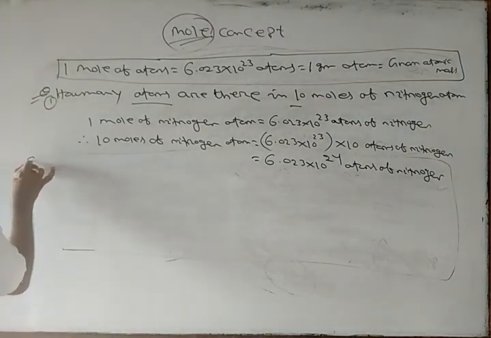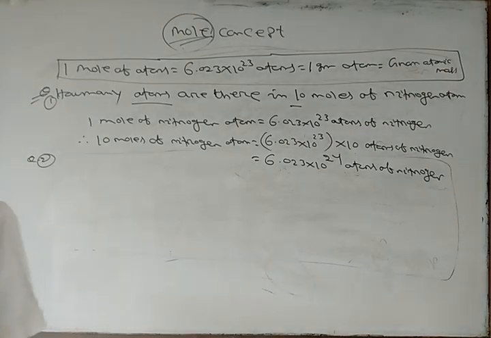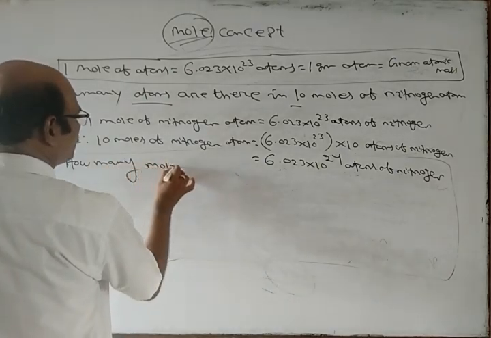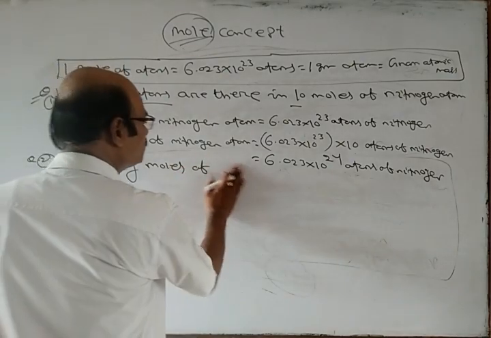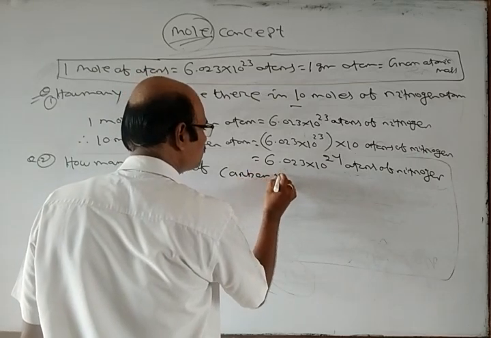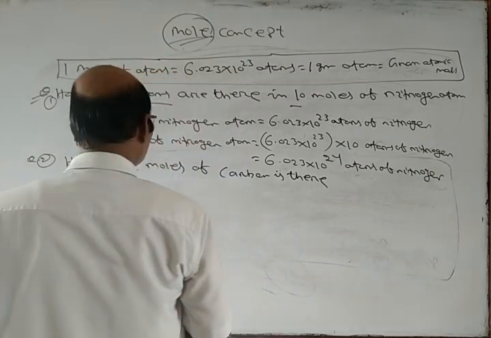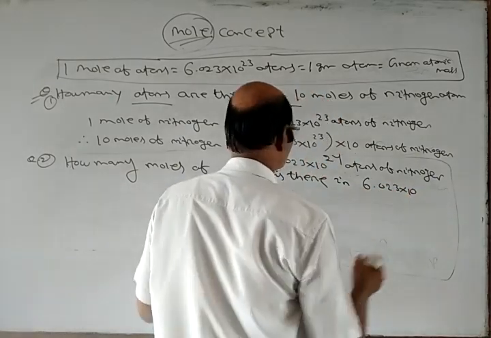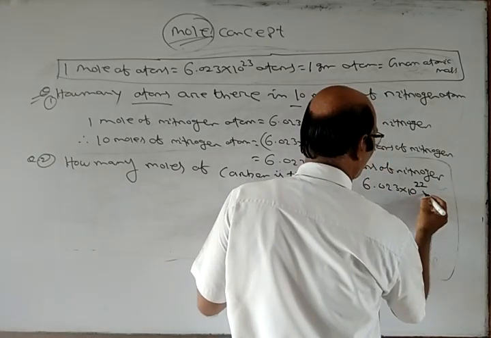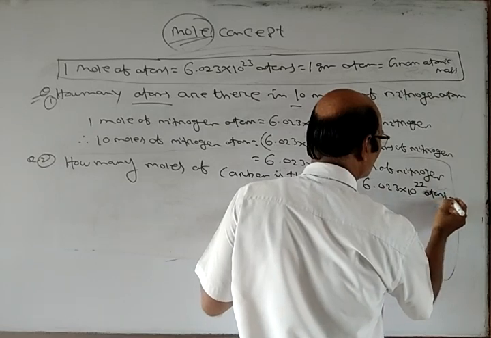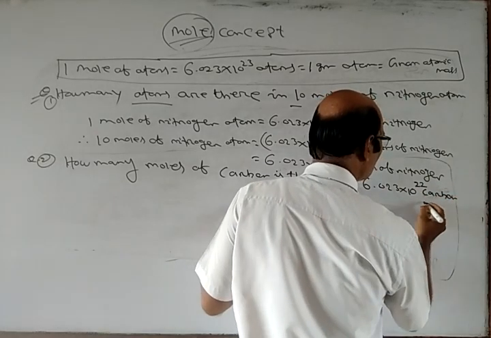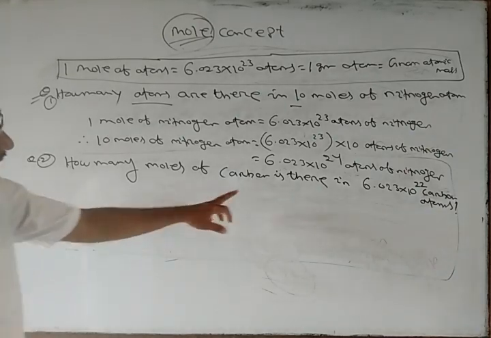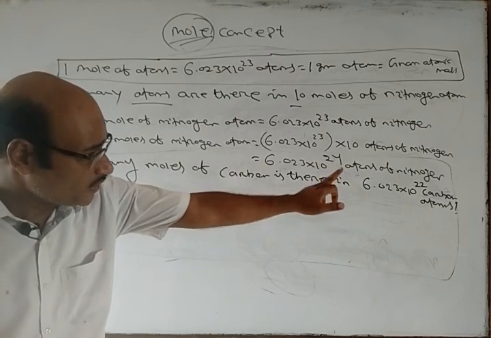Now if I write, how many moles of carbon are there in 6.023 into 10^22 carbon atoms?